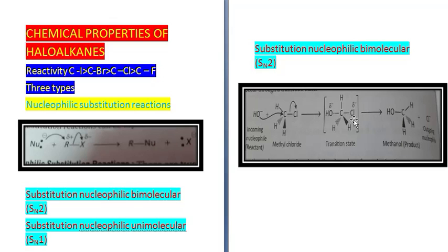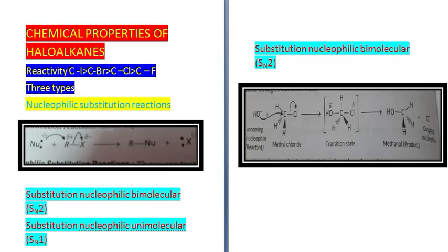But first you will get a transition state in which both OH and Cl will be attached to the compound, and then later on Cl minus will leave and OH will get attached towards the back side. So this type of reaction is called a nucleophilic bimolecular substitution reaction, and this inversion of configuration is called Walden inversion.